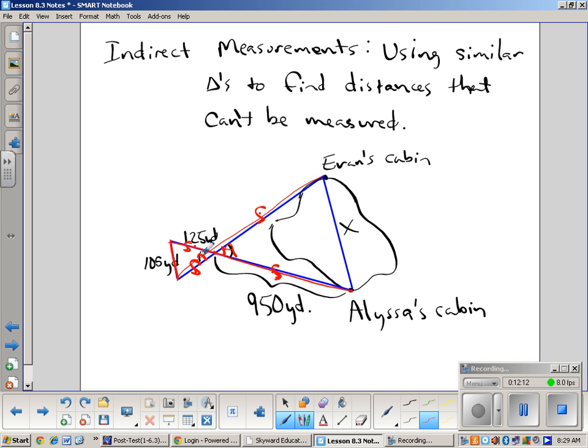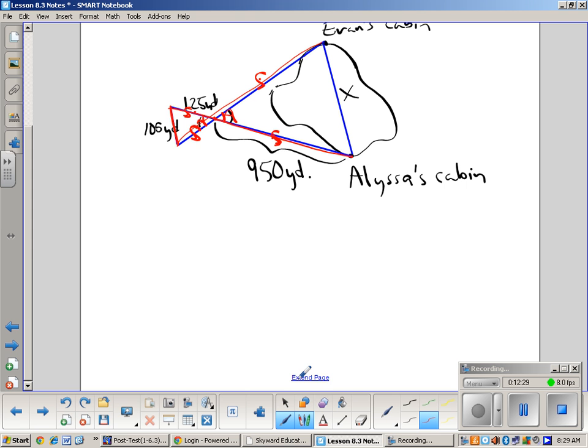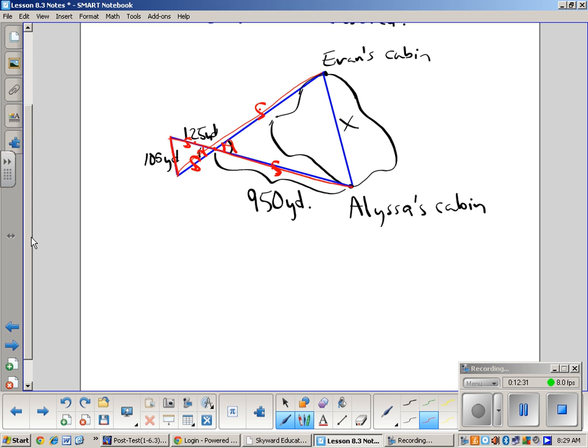Then he made sure they intersected here where this side would be proportional to this side, and this side would be proportional to this side. And of course, since these are vertical angles, they're going to be congruent. So we've set up similar triangles using side angle side. In this problem, we're not saying are the triangles similar, we're saying they are similar. In other words, we're not asking you if they are, we're telling you they are. And since they're similar, then we can use our knowledge about similar polygons to find the missing length. Which way do you want to go?